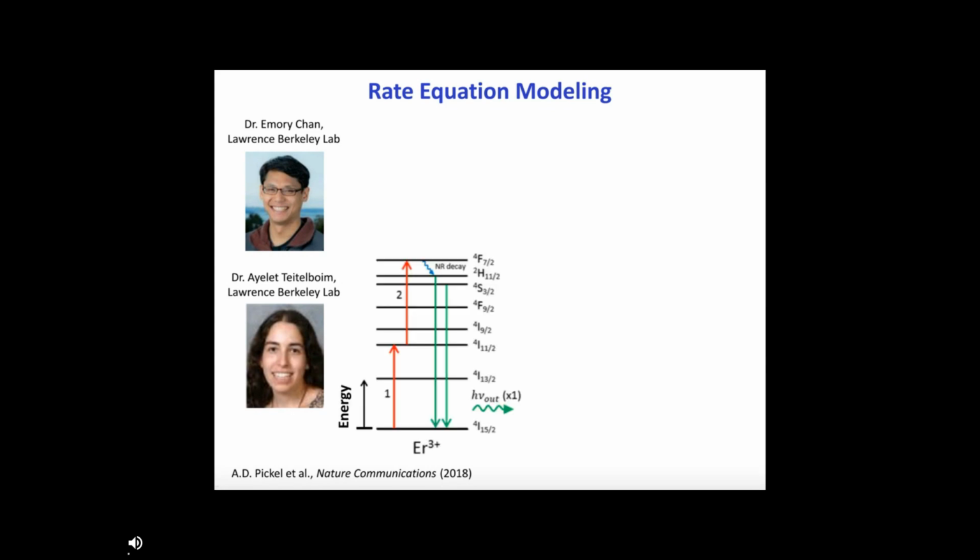So what you see here is the energy level diagram for erbium that I showed before. And I only showed energy levels up to a certain point because that's typically the range that's considered important for ratiometric thermometry. But in reality, there are a whole bunch of higher energy excited states, and at high excitation intensities, these higher energy excited states can actually become significantly populated.